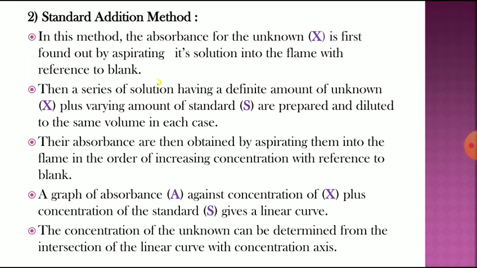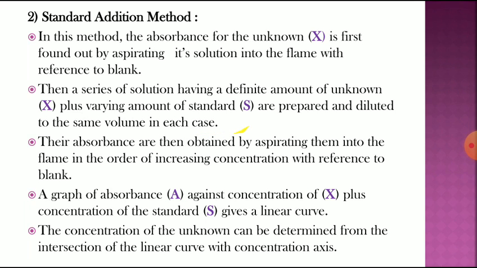In this standard addition method, first of all, we have to measure the absorbance of the unknown sample solution, which is denoted by x. Then a series of solutions having a definite amount of unknown x plus varying amounts of standard s are prepared and diluted to the same volume in each case.